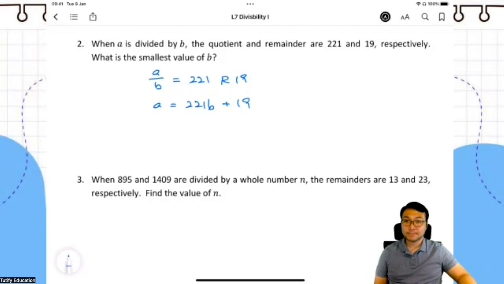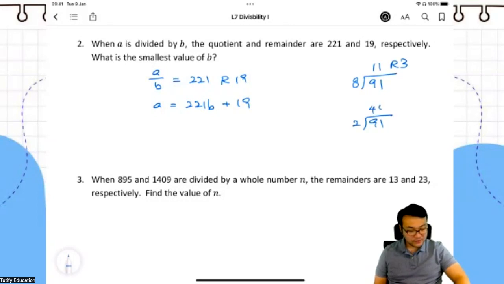Can be smaller? It can be smaller, is it? Okay, let's take a look at this. 91 divided by 8 is 11, remainder 3. Correct? If I take 91 divided by 2, I will have 45, remainder 1.